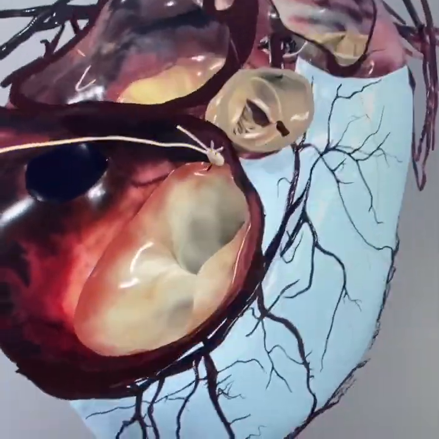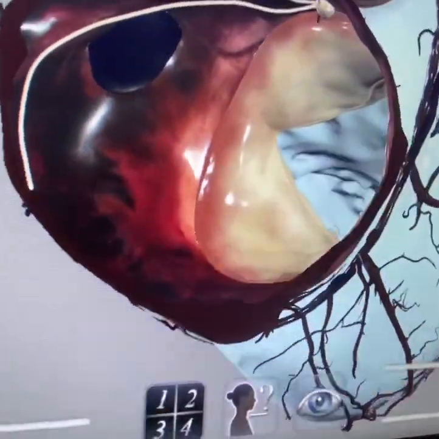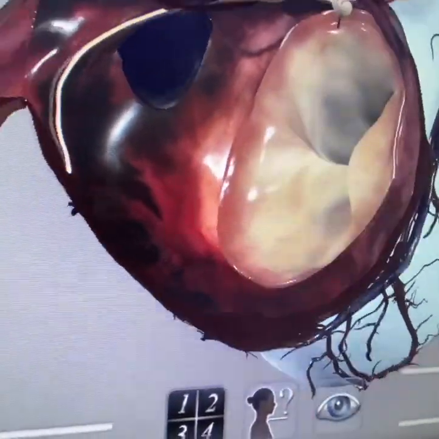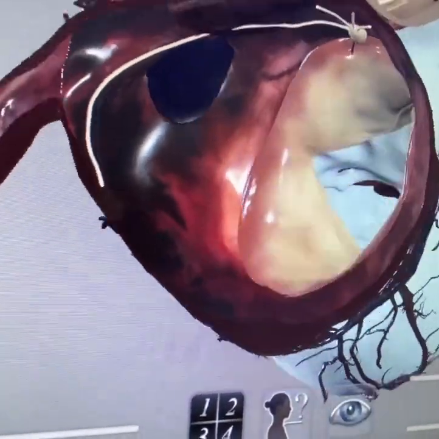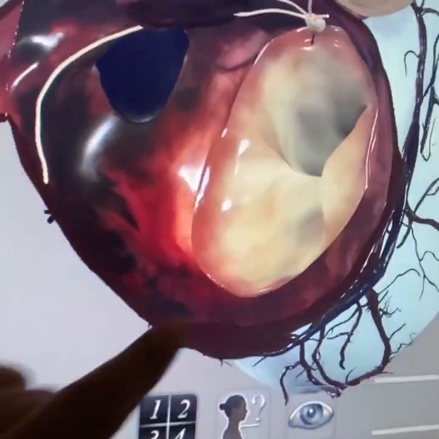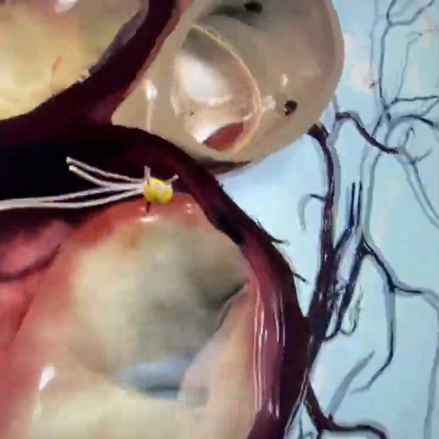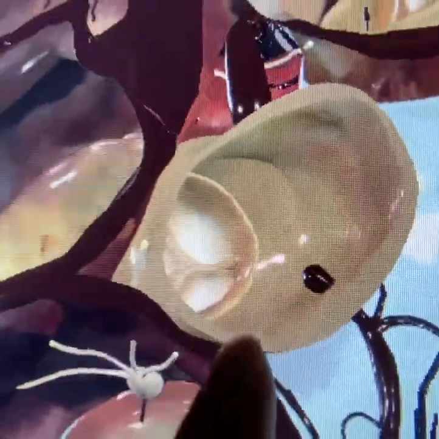All right, we see several valves here. This one, obviously, it has the chordae tendineae. Therefore, that has to be an AV valve, right? And if it's on the right side, that has to be the tricuspid. If you see here, these are semilunar valves. This coming off the right ventricle, this has to be the pulmonary semilunar valve.